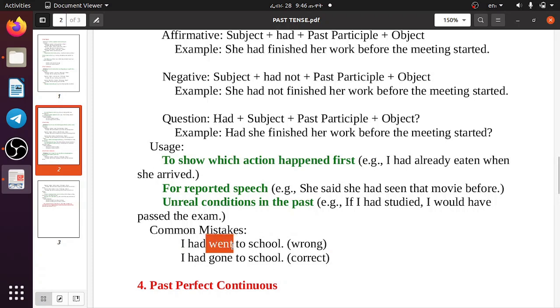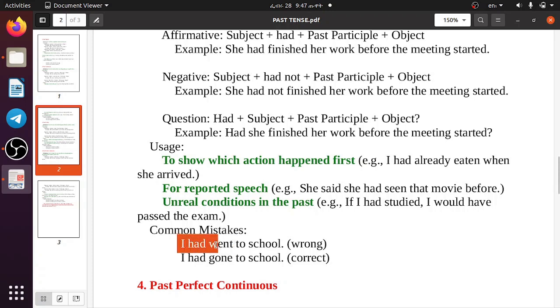The past participle of go is gone. We use verb 3. The verb 3 of go is gone, but went is verb 2, or the past form. So this is wrong. I had gone to school is correct.